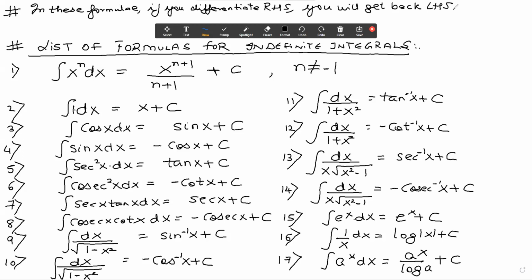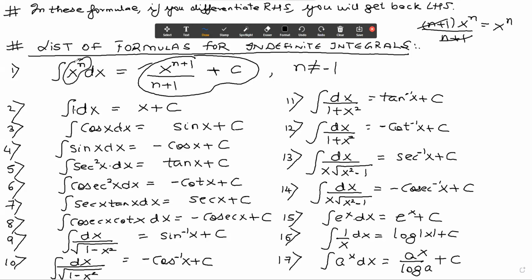For example, suppose I differentiate this. What will be the differentiation of this? n plus 1 into x to the power n plus 1 minus 1, which is n upon n plus 1. The derivative of c is 0 because c is a constant. What do I get? x to the power n.